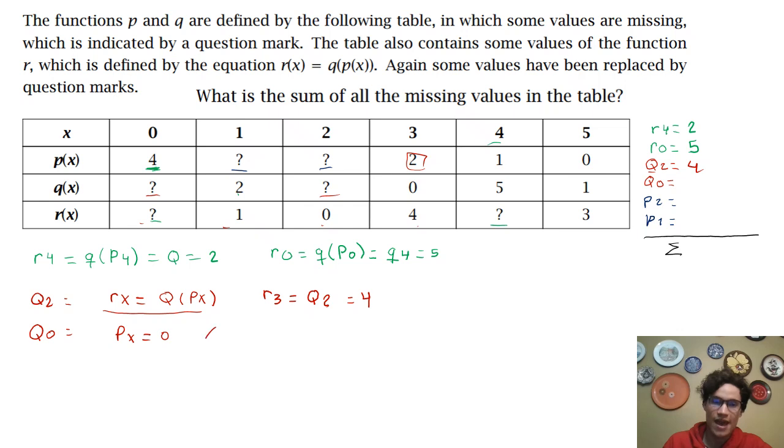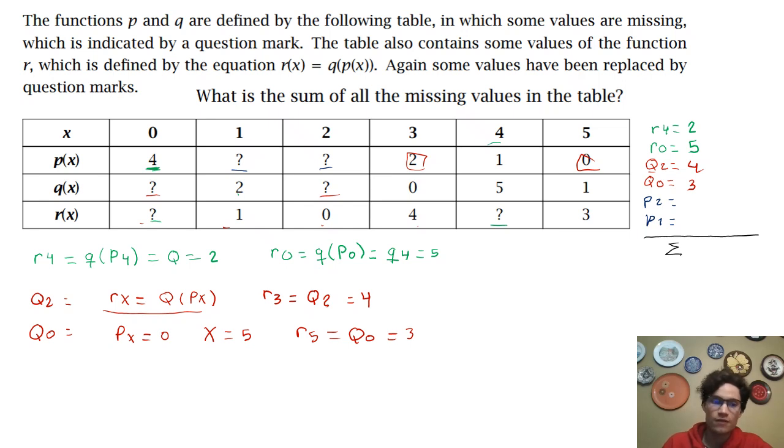That means X is equal to 5. So R of 5 is equal to Q of 0. And R of 5, let's see, is equal to 3. This is our next missing value, 3.